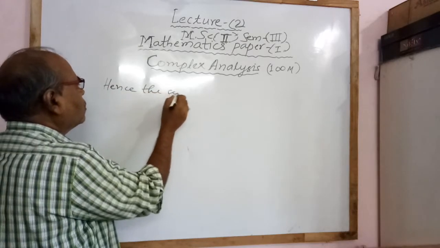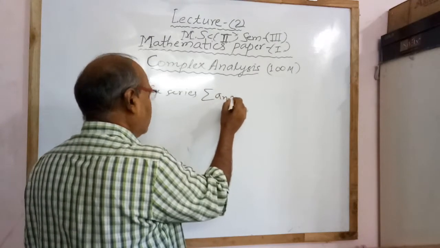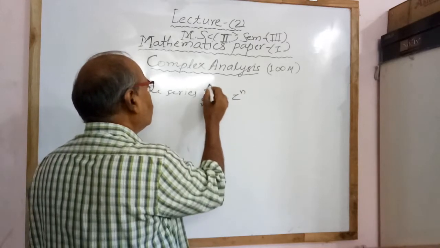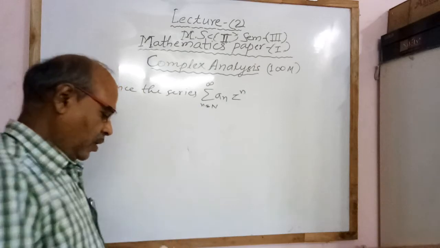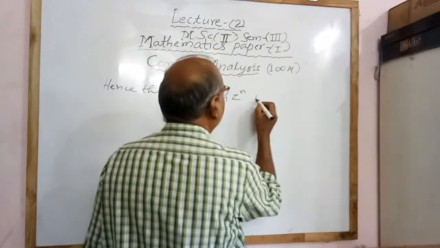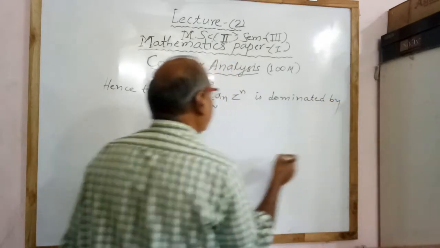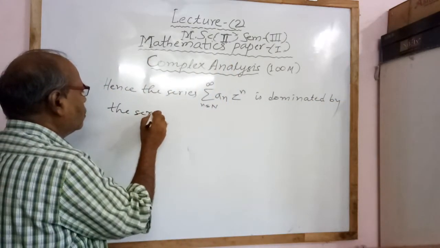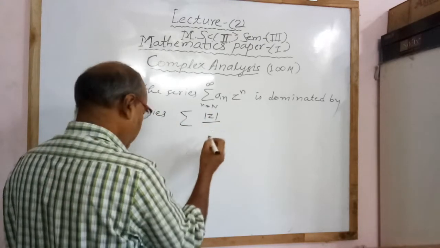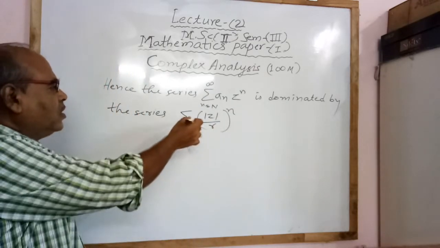Hence, the series summation a_n z to the power n, from n equals capital N to infinity, is dominated by the series summation (mod z divided by r) to the power n. This is the right hand side series of equation 1.